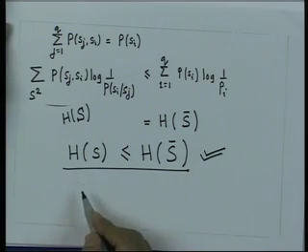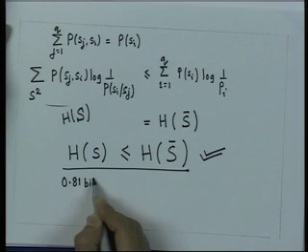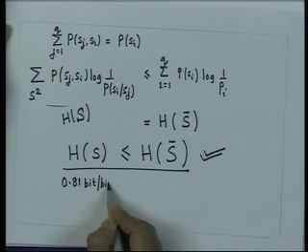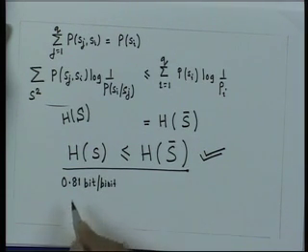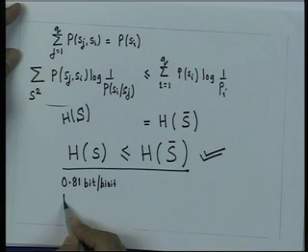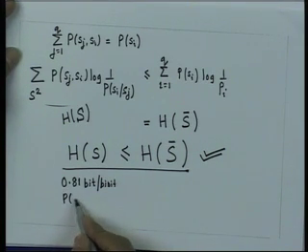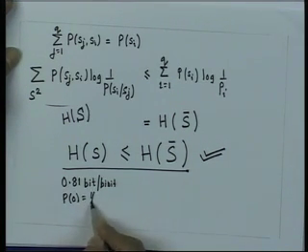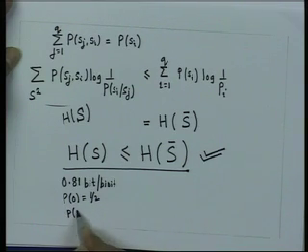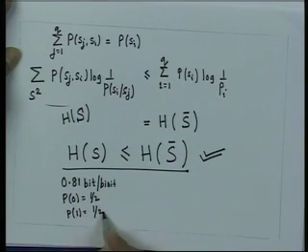Going back to our previous example, H of S we got as 0.81 bit per symbol, and for the same example we calculated the first order symbol probabilities: P0 was half and P1 again half.